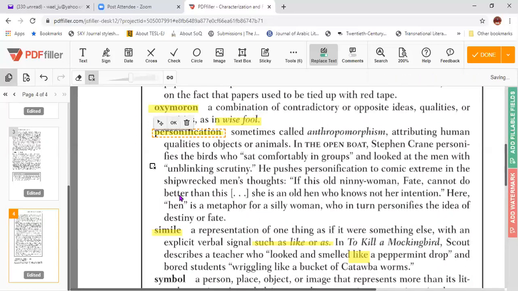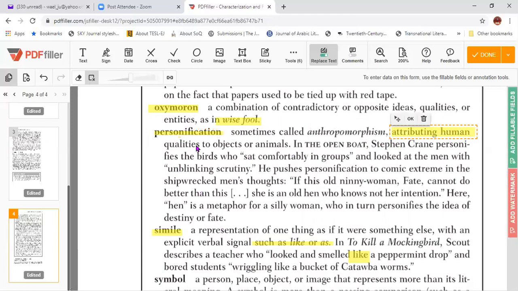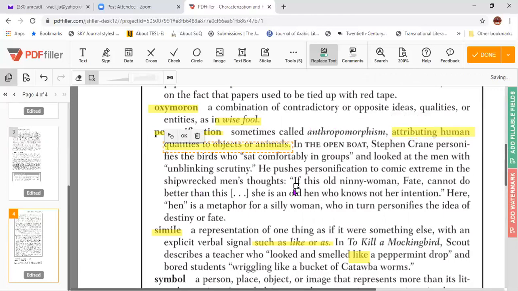When you personify, you give human characteristics to non-human things. It is sometimes called anthropomorphism, attributing or giving human qualities to objects or animals. So when you find animals or objects speaking, this is called personification.